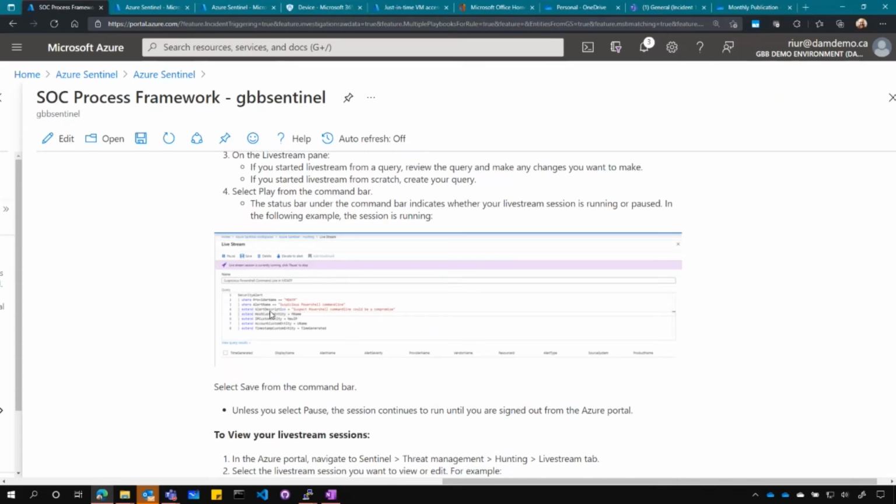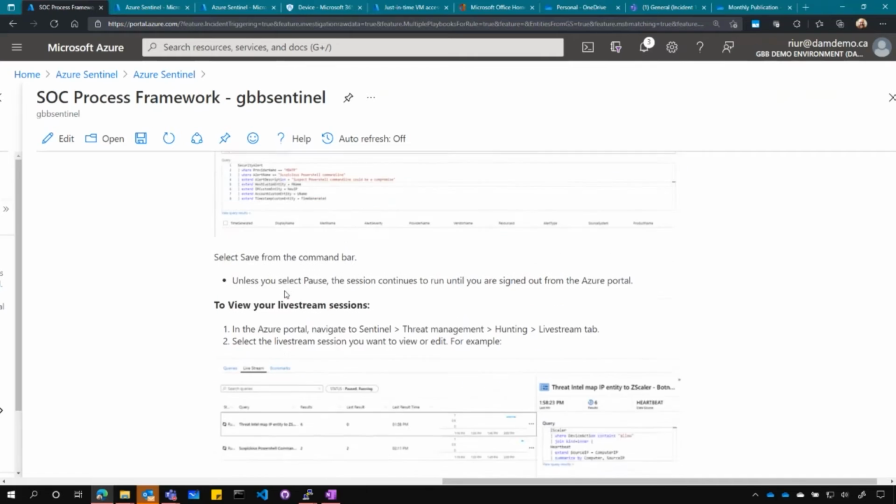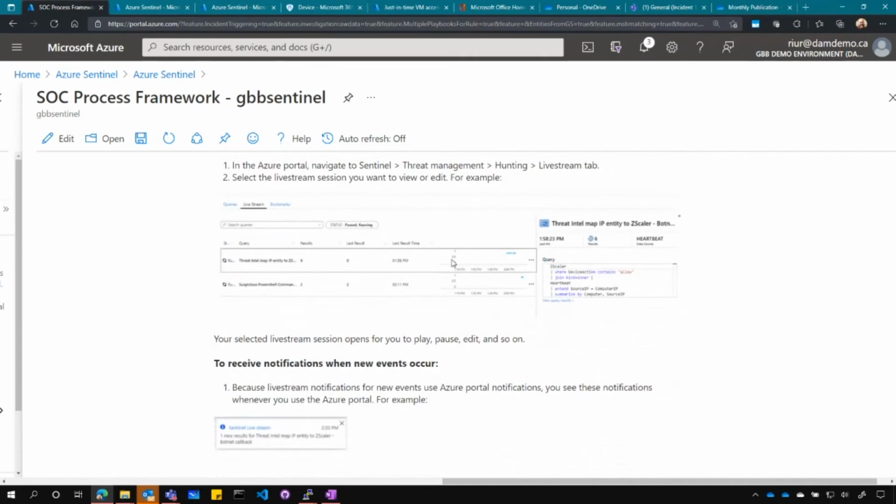In this particular example, looking at PowerShell based on compromise, it's pulling in some of those custom entities: the host, the IP, the account, and the timestamp, so that we can turn that live stream on. Once we have that live stream session, we have that spark line I was sharing with you so that we can see where those events are over time as it's running.